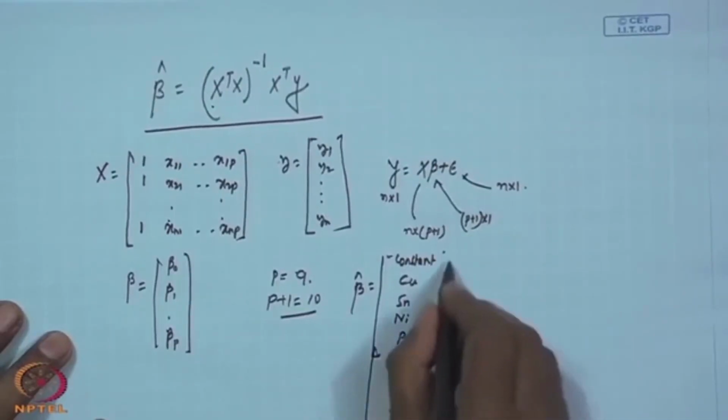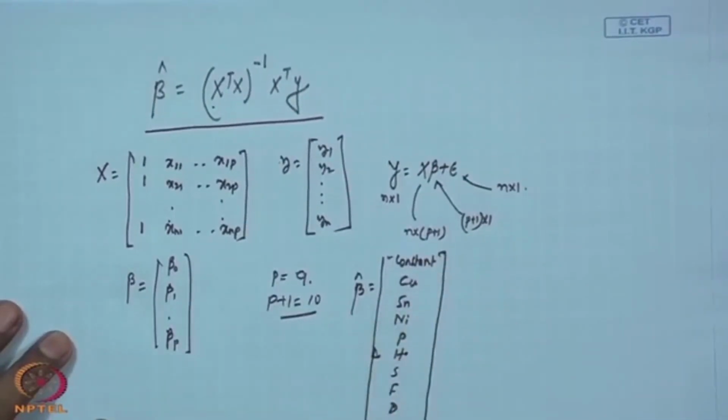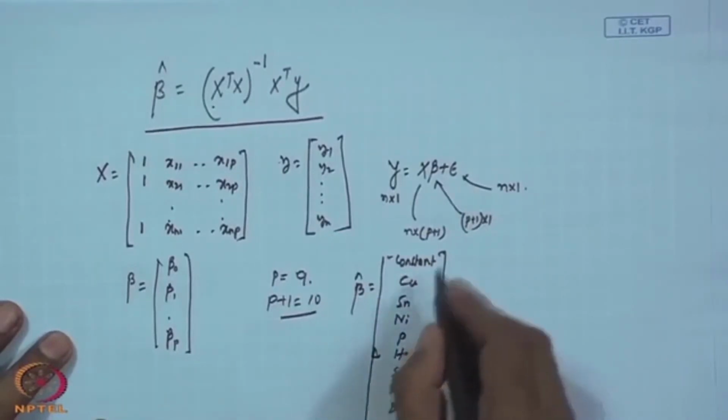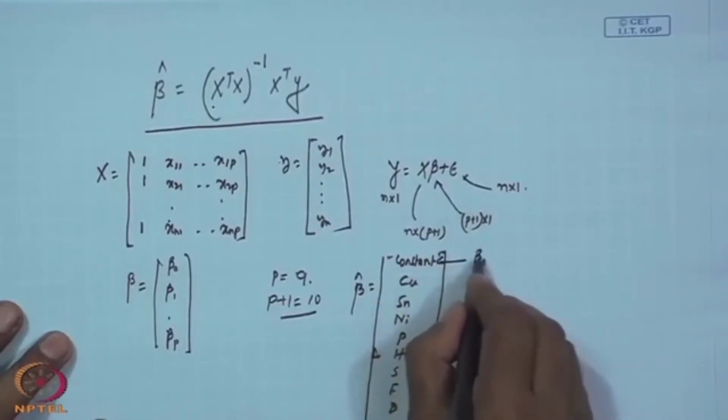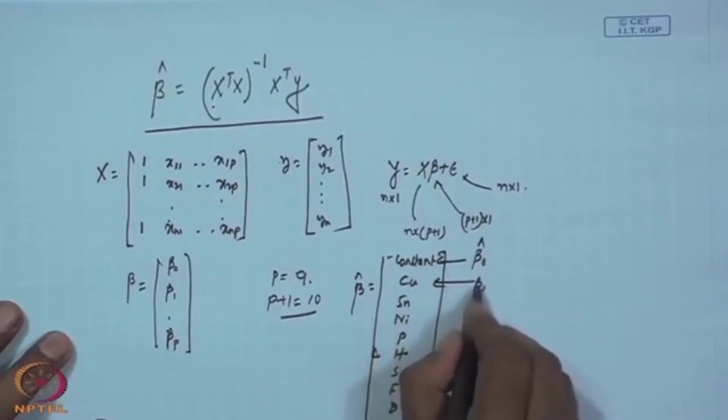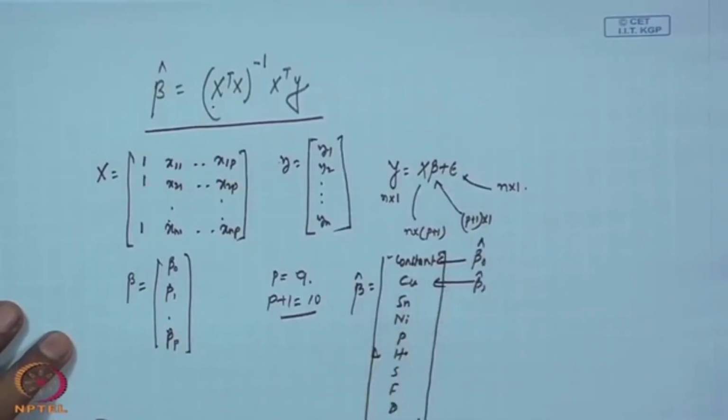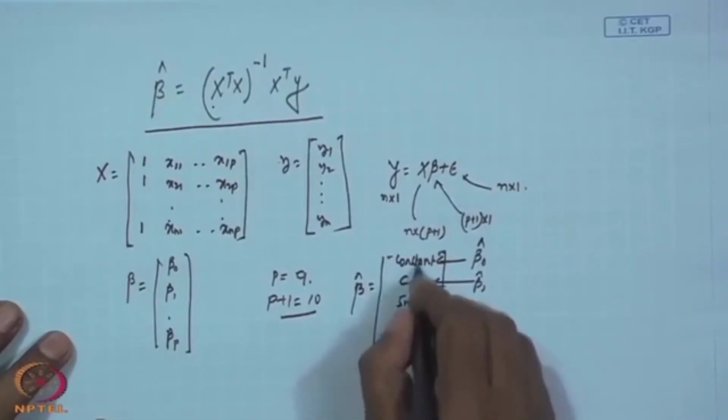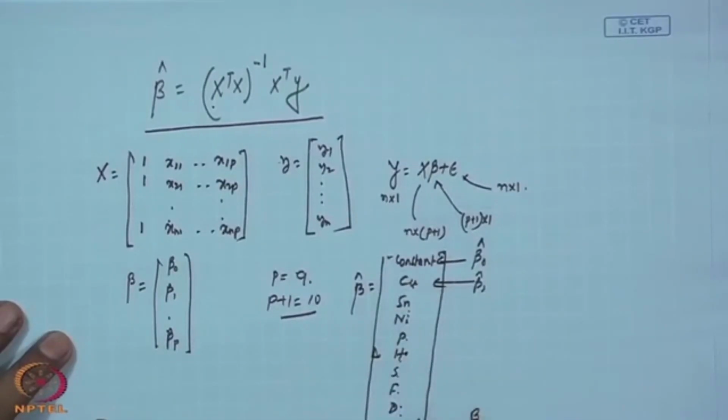So these many things will be there. I can say this is my beta 0 cap, this is beta 1 cap, like this 1, 2, 3, 4, 5, 6, 7, 8, 9, 10. So this one will be your beta 9 cap.